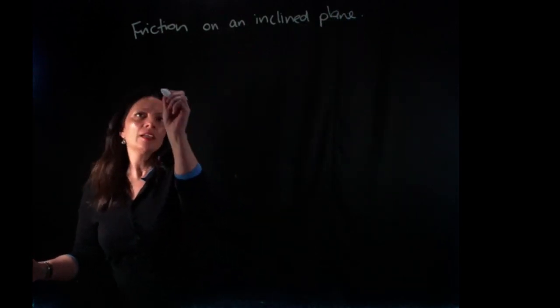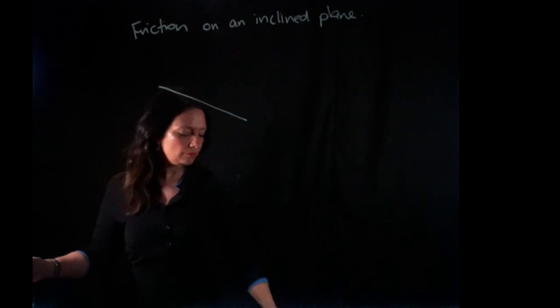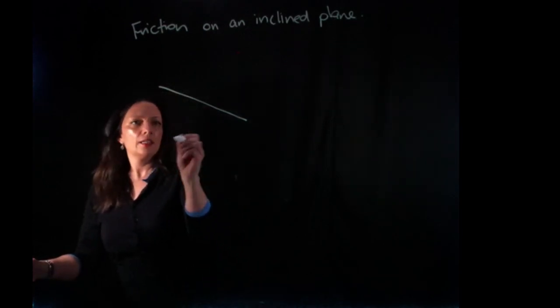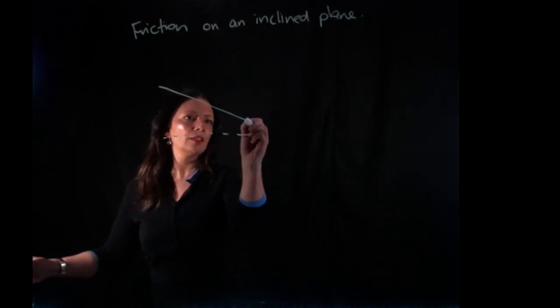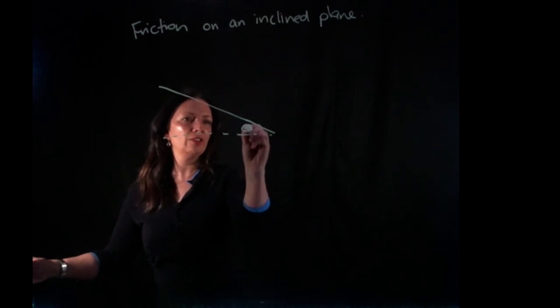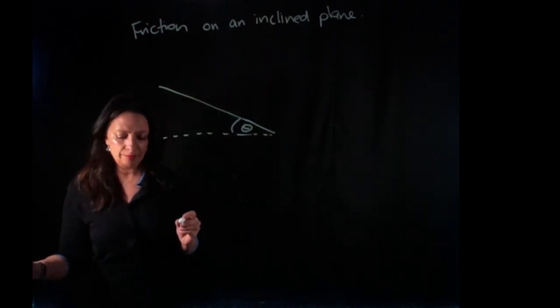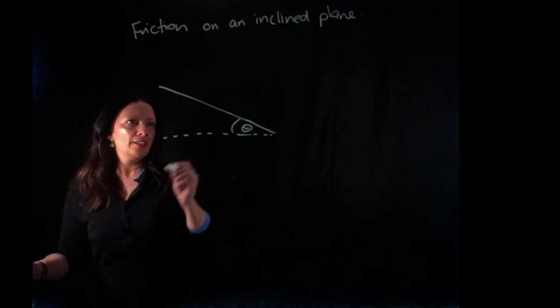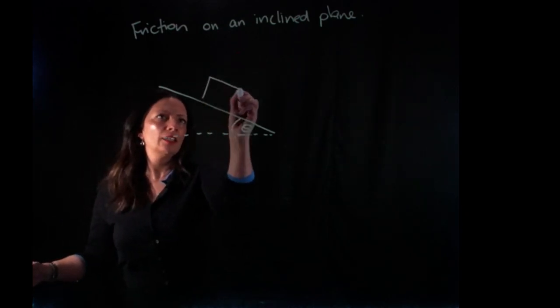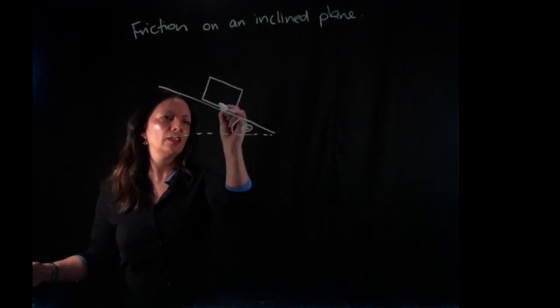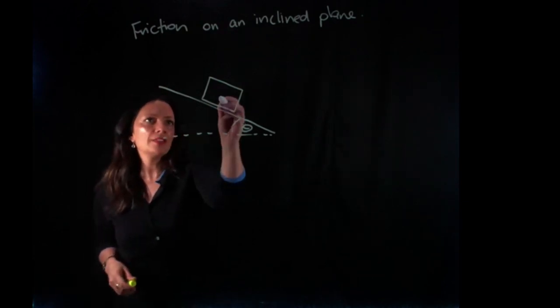Here is our plane, and our plane is at an angle theta. We're going to draw our box in here, and this is the centre of our box.